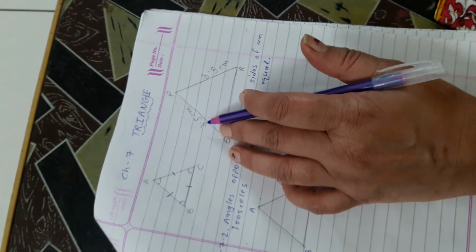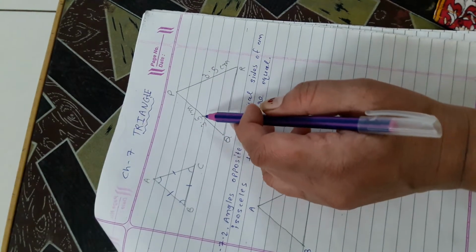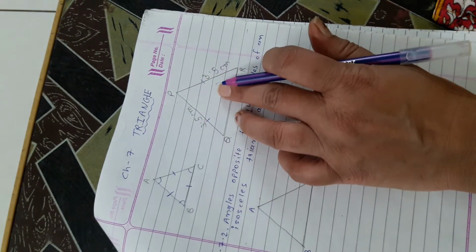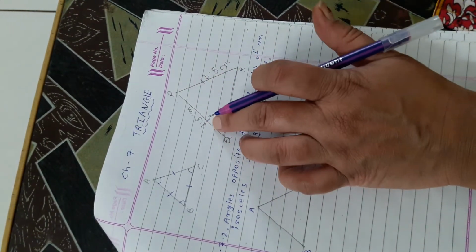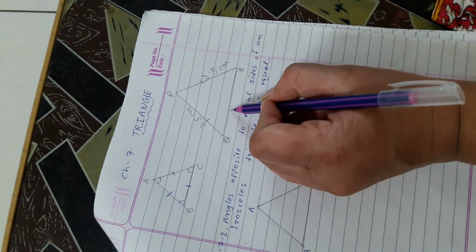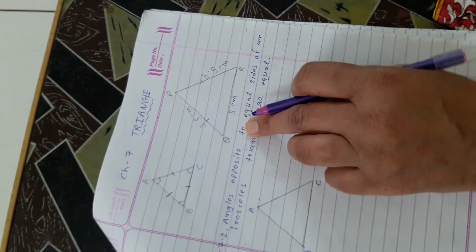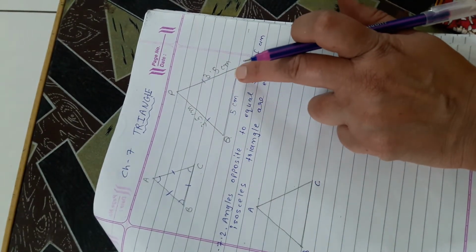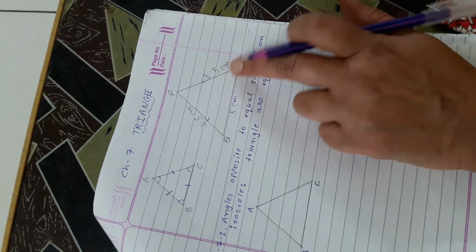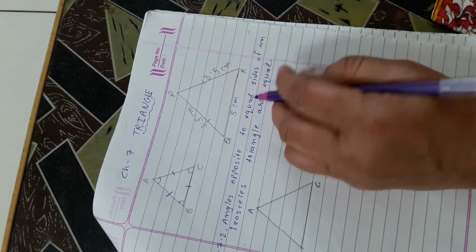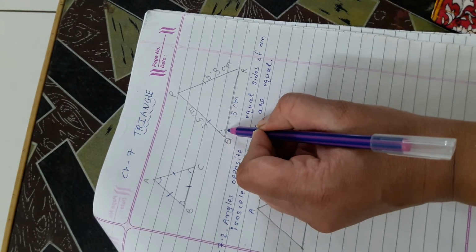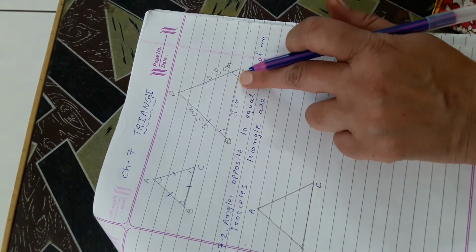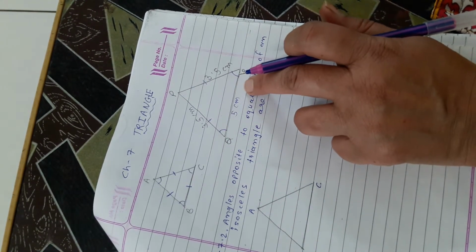Now if you draw an isosceles triangle, that is, two sides are the same. If you construct a triangle in which two sides are the same, suppose this side is 5 centimeters, and you measure angles Q and R, then these two angles are the same.